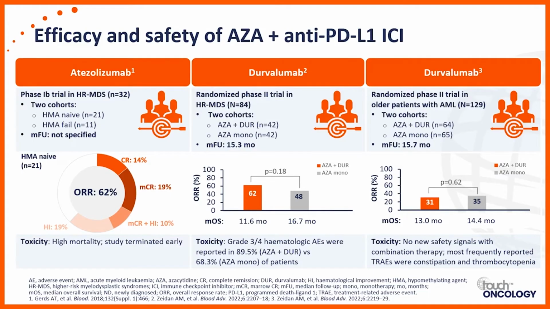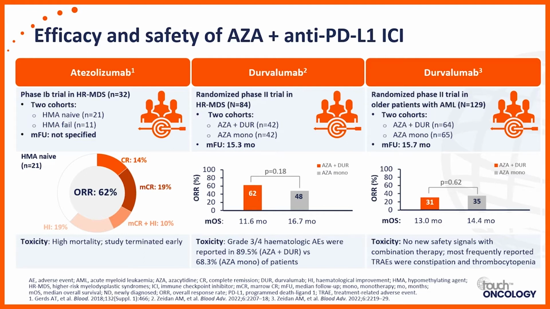In another phase 1b trial, the PD-L1 inhibitor atezolizumab combined with azacitidine was evaluated in 32 high-risk MDS patients. And although a relatively high response was reported in the HMA naive cohort, with an overall response rate of 62% and CR rate of 14%, an unexpected early mortality was noted.